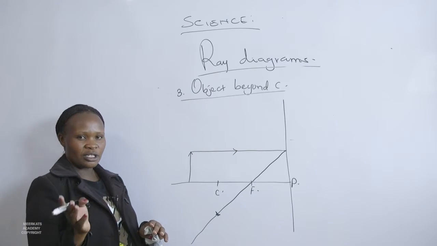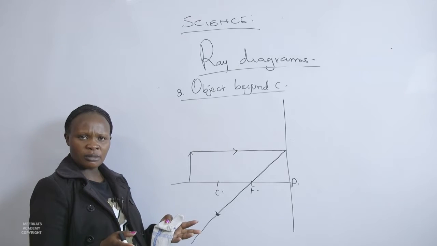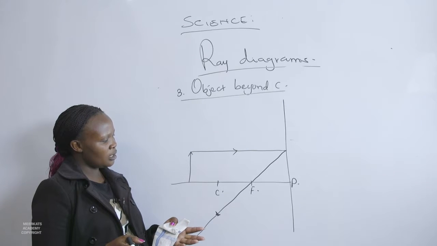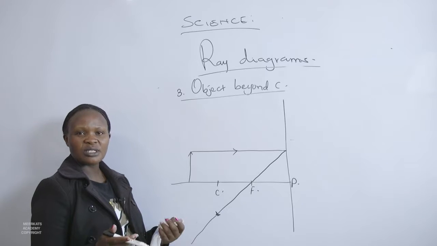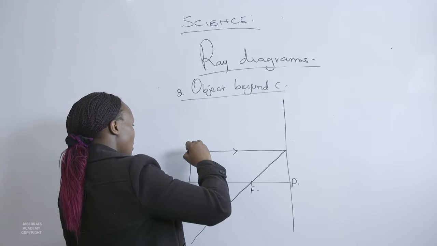Then we can consider another one. This time, let us consider something like a ray through C, through our C here.